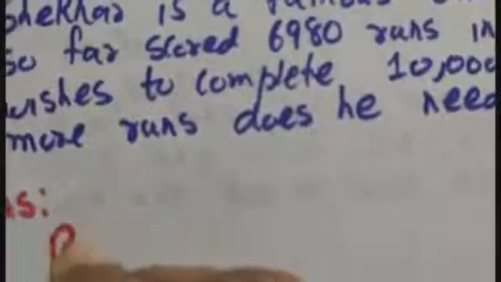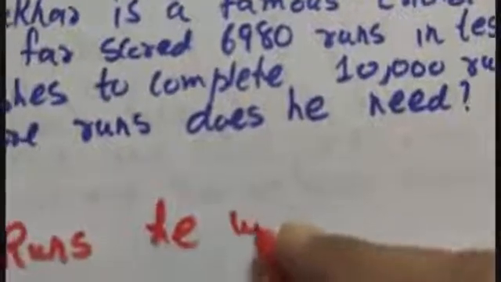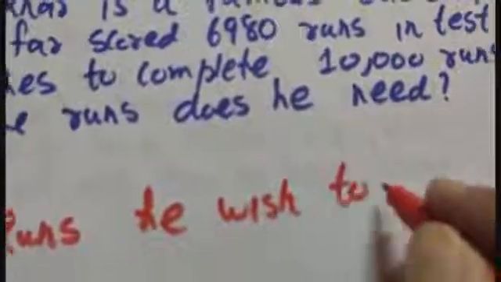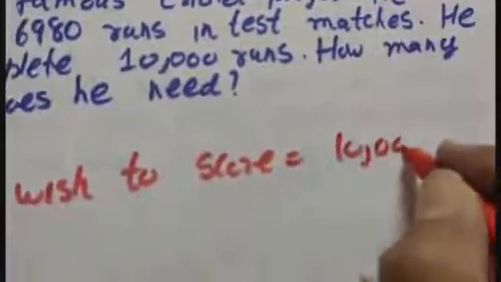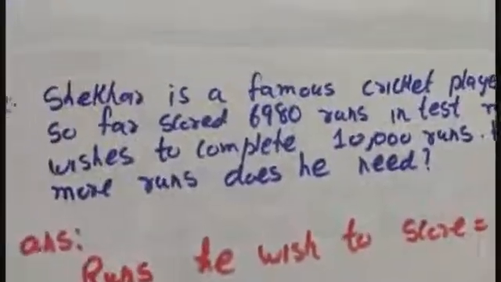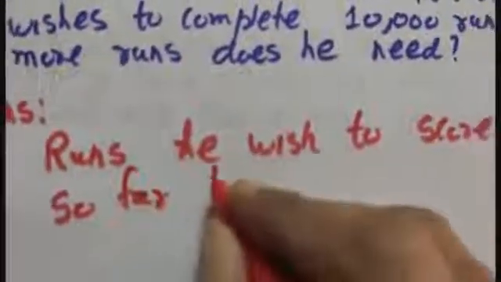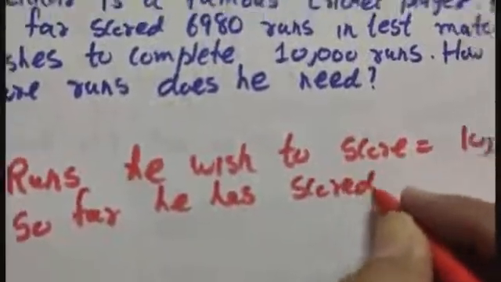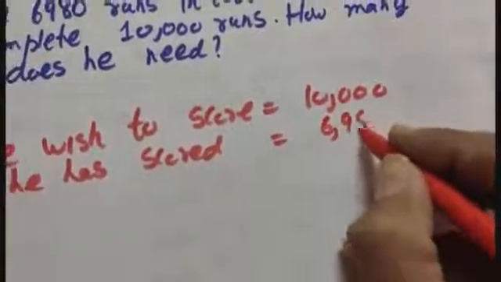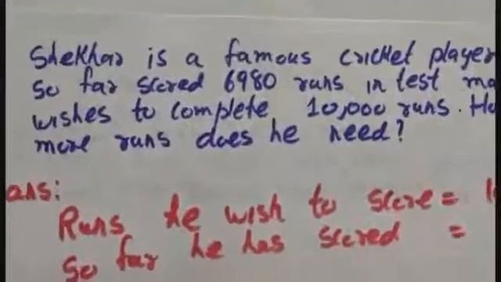Runs he wishes to score, that are 10,000. So far he has scored, that is, 6980.